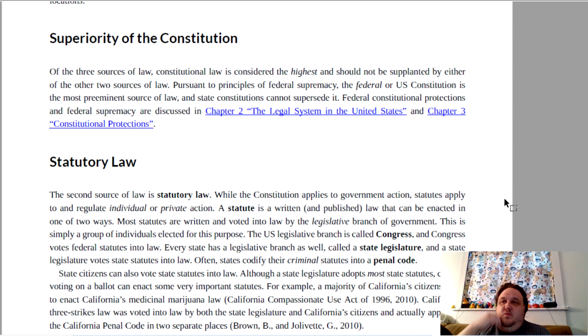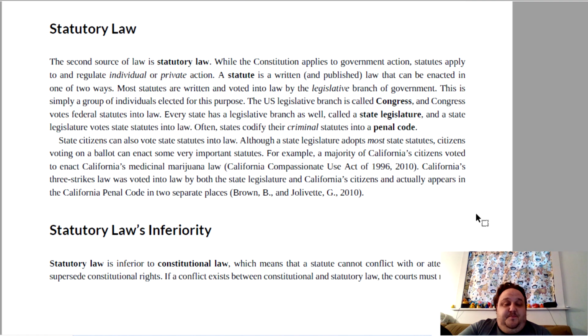This is why we have issues like originally Proposition 8 and things like that came up, where they were voting on whether or not something was constitutional, or whether or not this was legal or not. So statutory laws are all essentially coming down to written laws that were voted to be a law in an area.